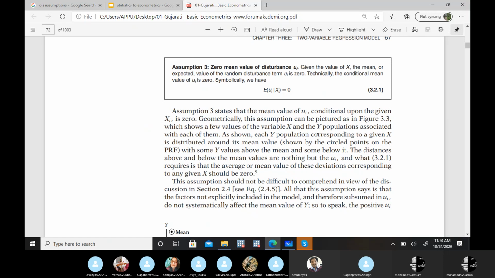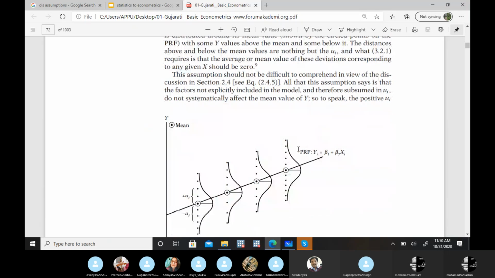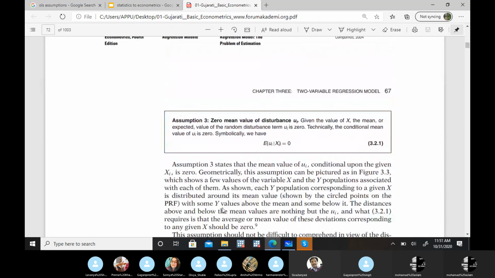And indirectly what it means is that values are generally equally distributed. Few of the actual values of the dependent variable are above the regression line, and few are below the regression line. So if you take that average, it is nearby zero.